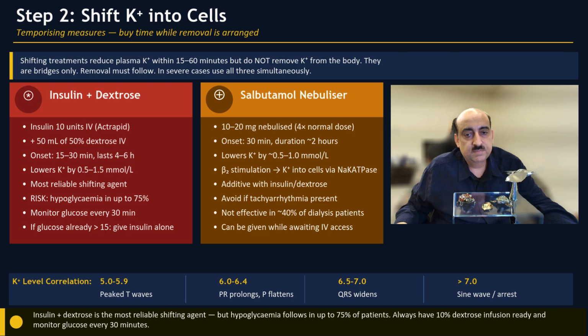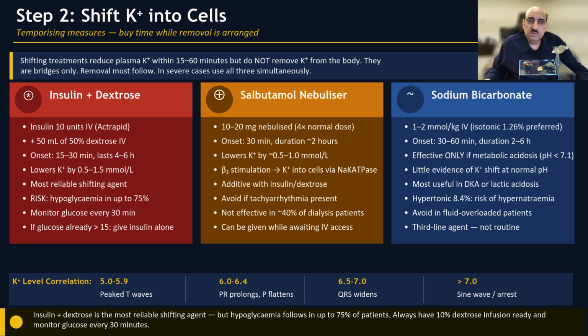Sodium bicarbonate is not one of the first or second lines. I'll explain why. You can give a small volume of physiological sodium bicarb, which is 1.26% or 1.4%. Not the higher concentration ones, and definitely not the 8.4%, because that's usually used in ICU settings and cardiac arrest situations. It works within half an hour to 1 hour, and the effect can last slightly longer than the others, which is 2 to 6 hours.